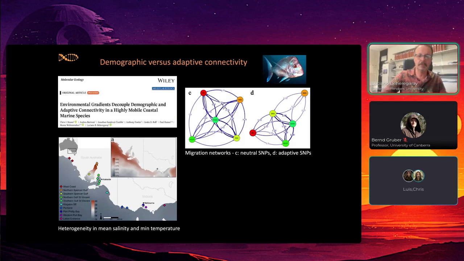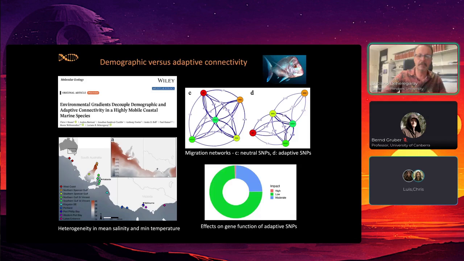And we have relatively good trust in our adaptive data set because Chris managed to predict the effects of gene function on these adaptive SNPs. And of those 800 or so adaptive SNPs, quite a lot are predicted to have moderate or even high function.